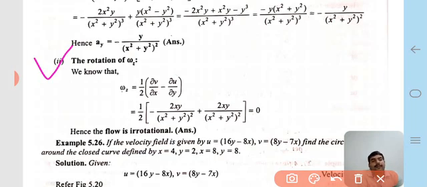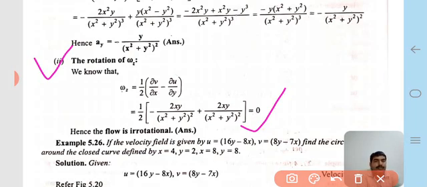Above we already calculated the partial derivatives of the velocity component along the y axis and the velocity component along the x axis. Taking the partial derivatives and putting in all the values, we calculate the rotation omega z, which is equal to 0.